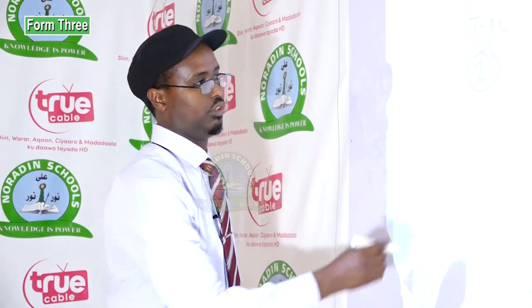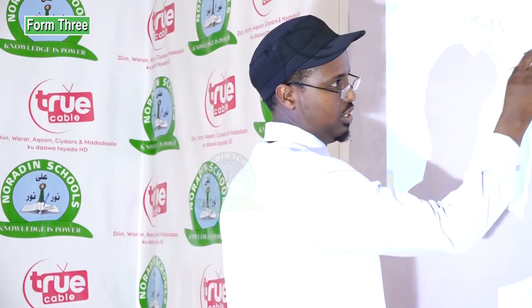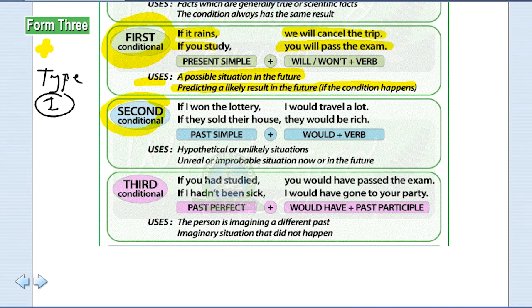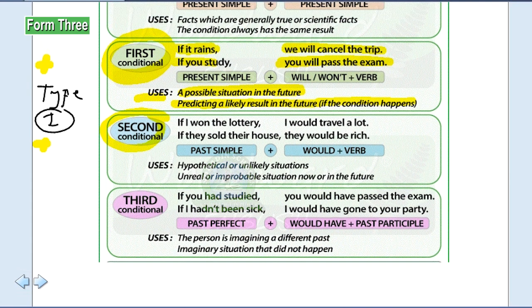Let's now go to the next condition. They also call it conditional type 2. Yes, in some books you will see they call it conditional type 2.